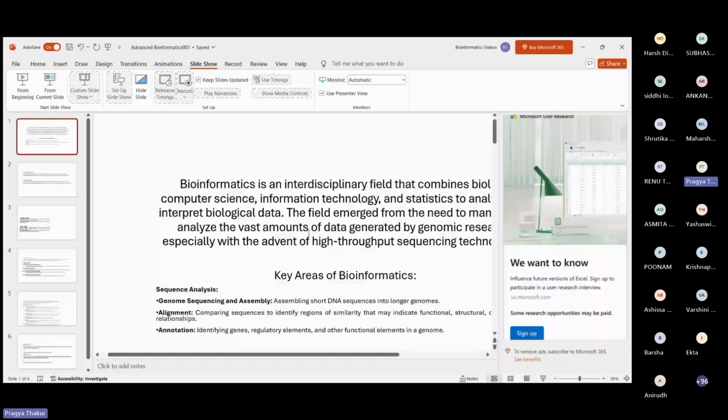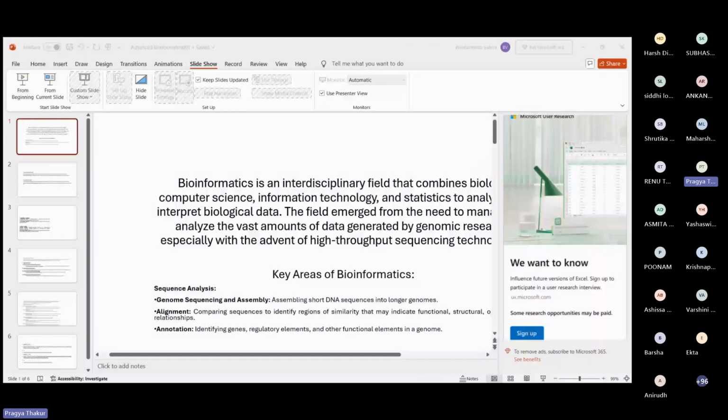First of all, I will let you know what the key areas of bioinformatics are. Everybody knows the definition of bioinformatics, but since today is the beginning day, I am going to give a brief introduction to the key areas, software tools, etc. As I told you, we should focus on the term high throughput sequencing technologies.